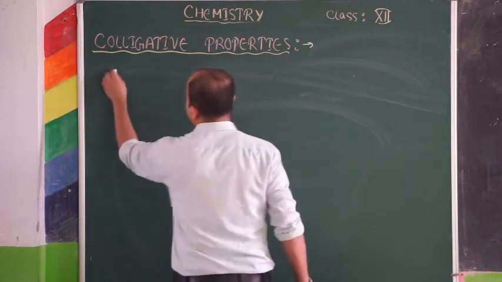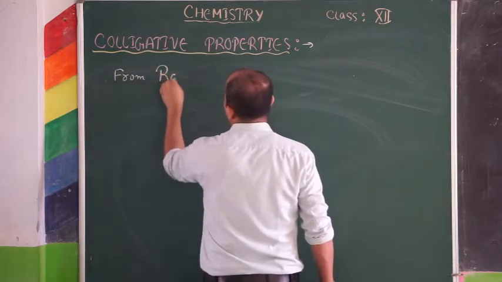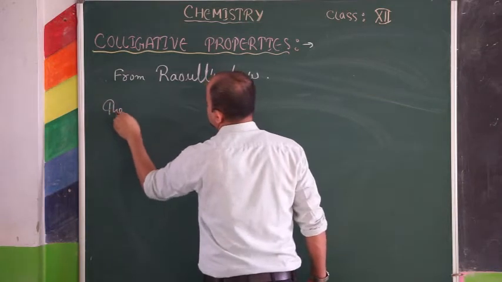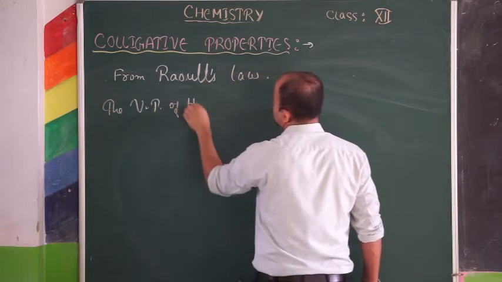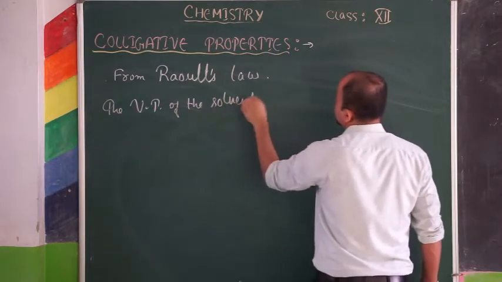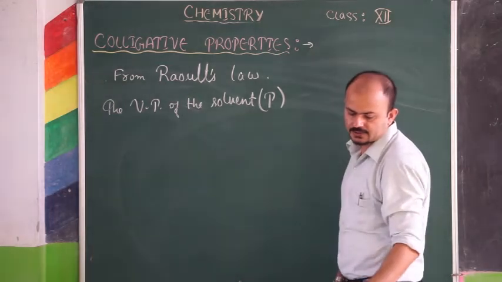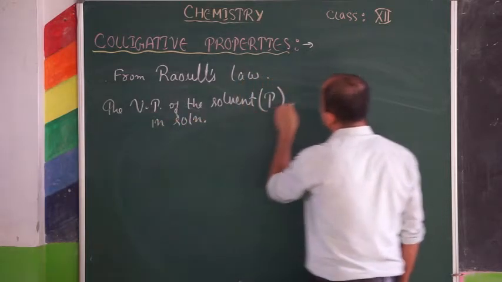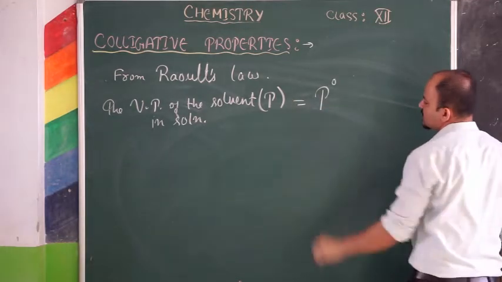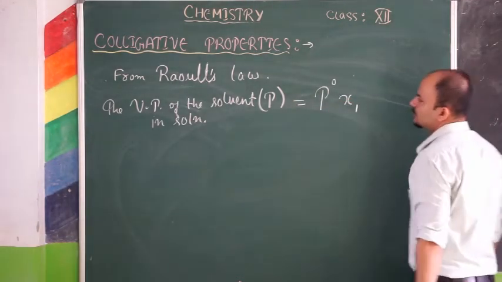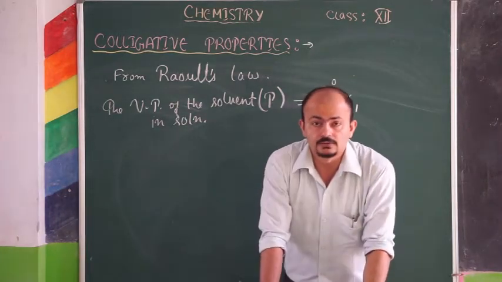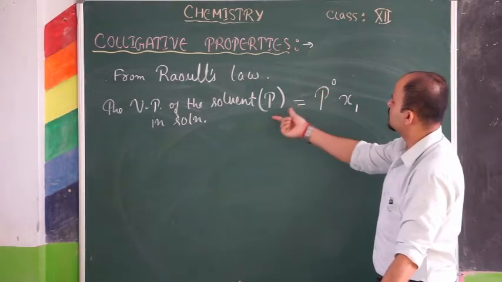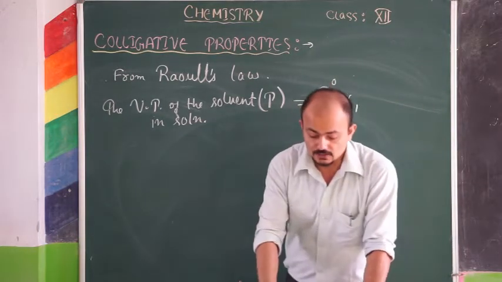From Raoult's law, the vapor pressure of the solvent in solution, P, will be equal to the vapor pressure in the pure state times the mole fraction of the solvent: P equals x1 times P0, where x1 is the mole fraction of the solvent and P0 is the vapor pressure of the pure solvent.